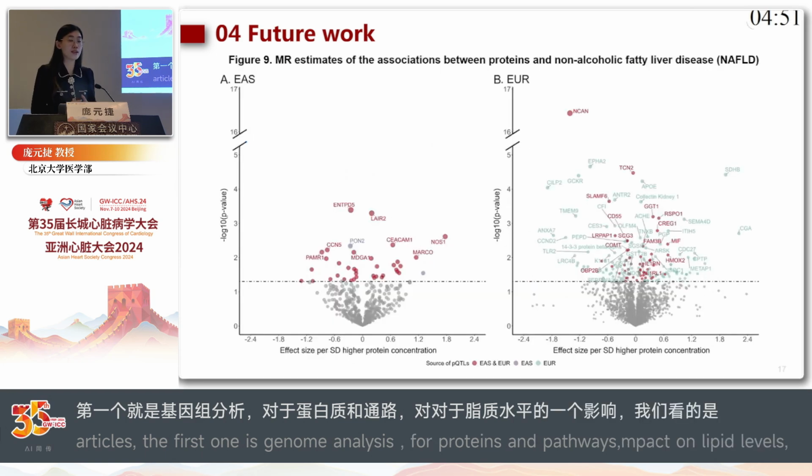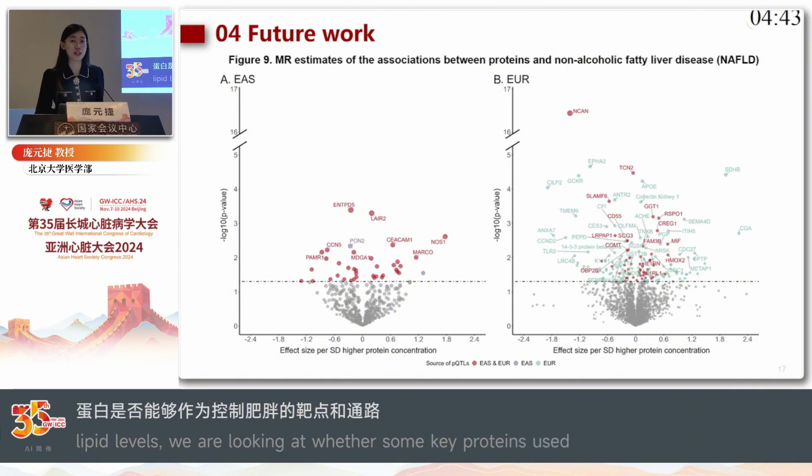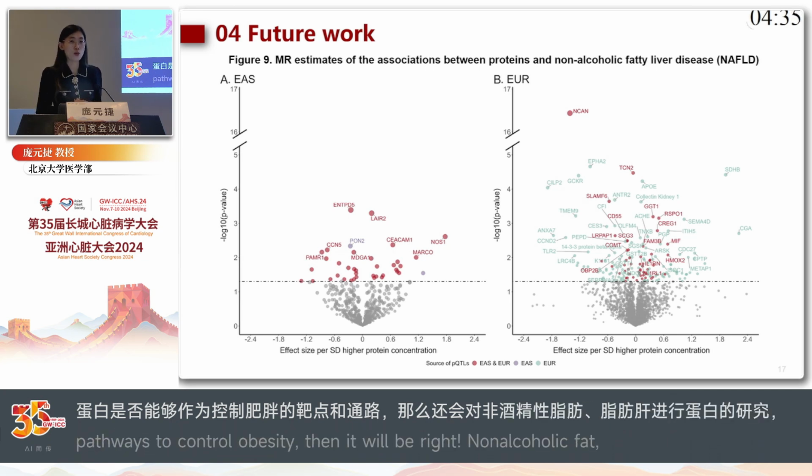And lastly, this is our ongoing work looking at a wide range of proteomic biomarkers in relation to non-alcoholic fatty liver disease, NAFLD, showing the genetic association. And this is a comparison for adults in Chinese, East Asian, and also European population.